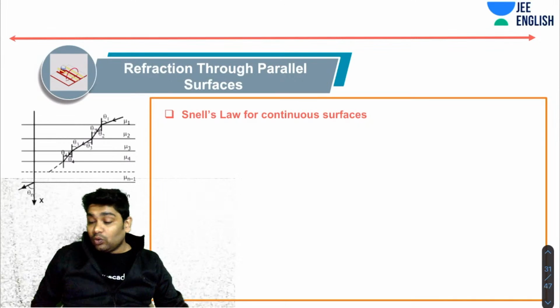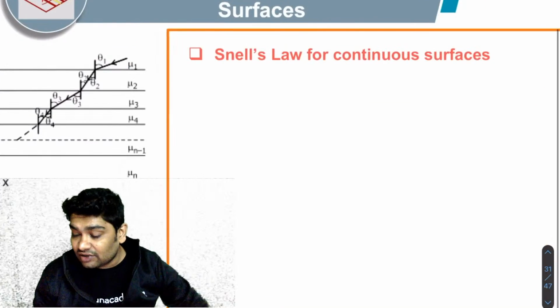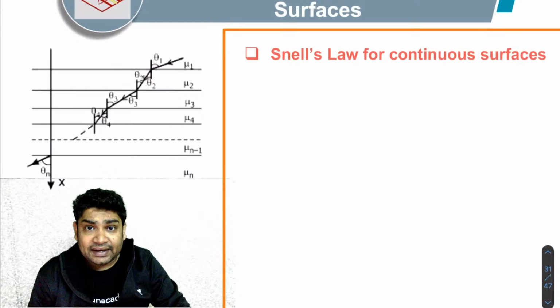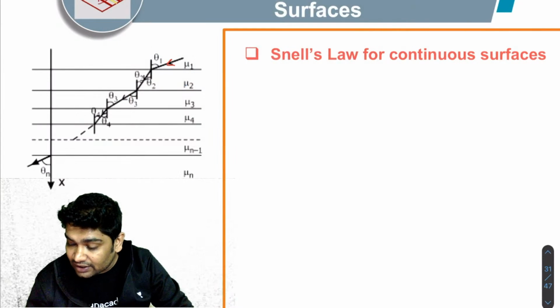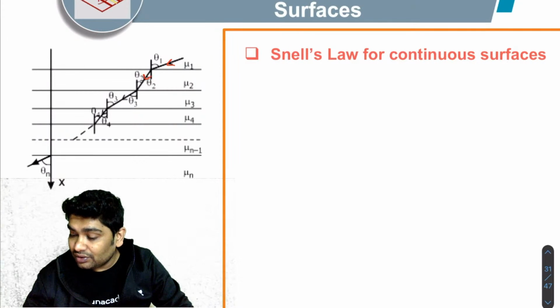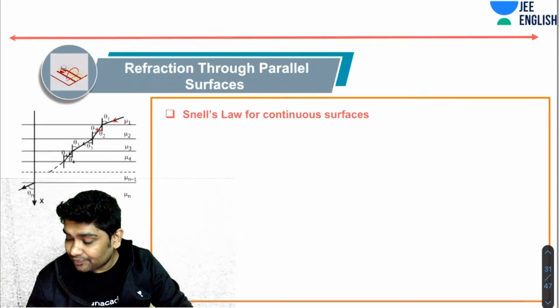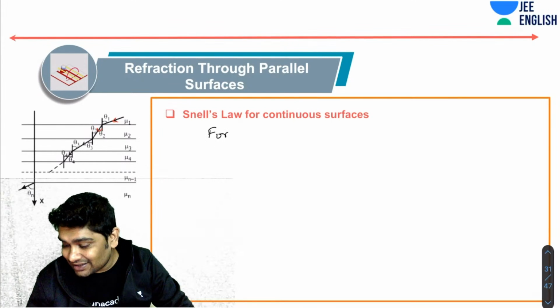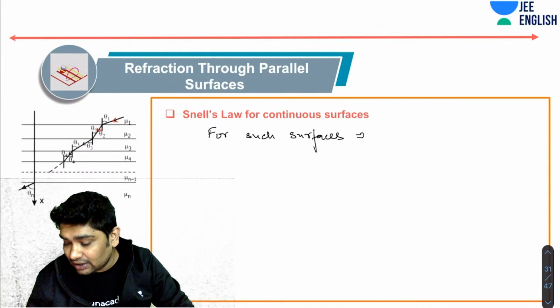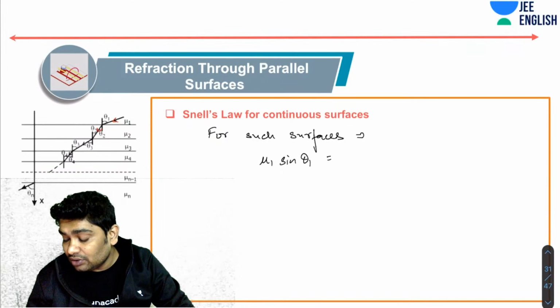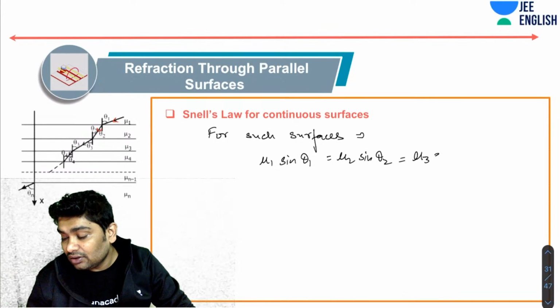What you realize is that for such a surface, when the light ray is moving from one to another, mu1 sin theta1 equals mu2 sin theta2 equals mu3 sin theta3 and so on.